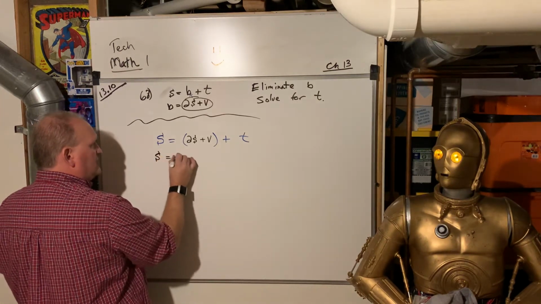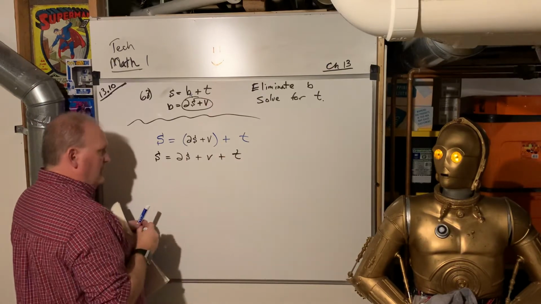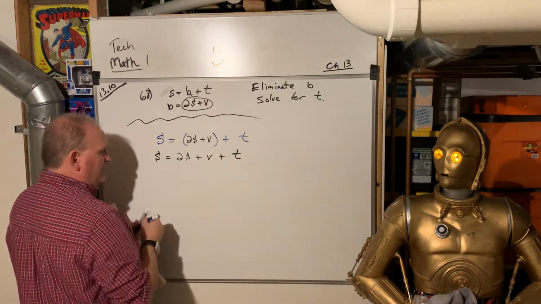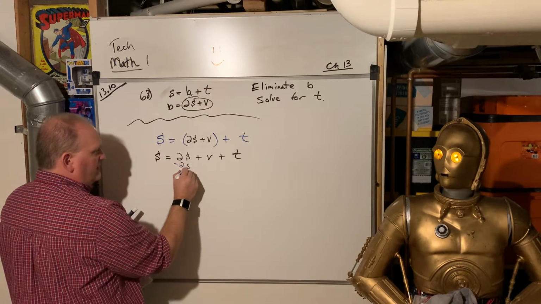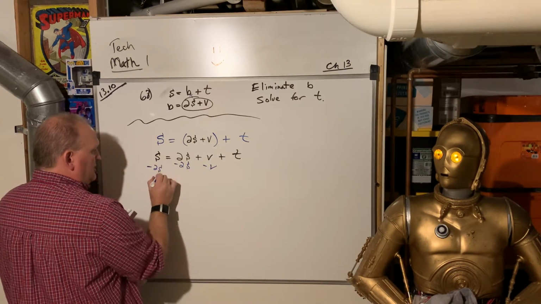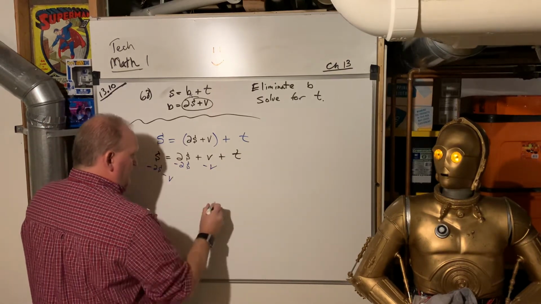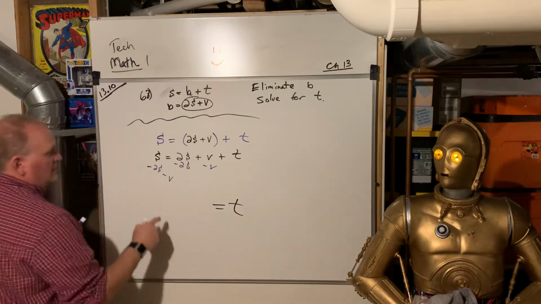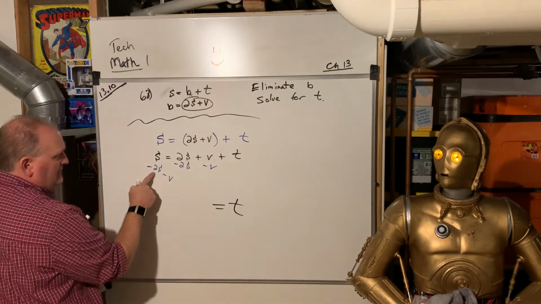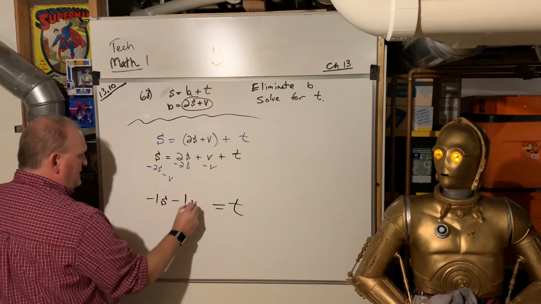We have S is equal to 2S plus V plus T, and it's all being added, so really all we have to do here is subtract off the 2S and subtract off a V, minus 2S, minus a V, and that should get us our answer. So 1S minus 2S is negative 1S minus 1V.